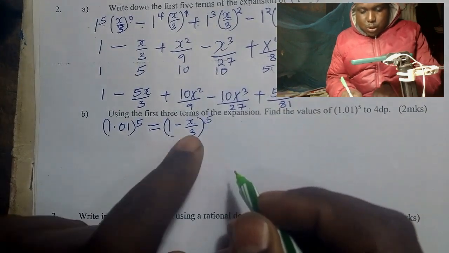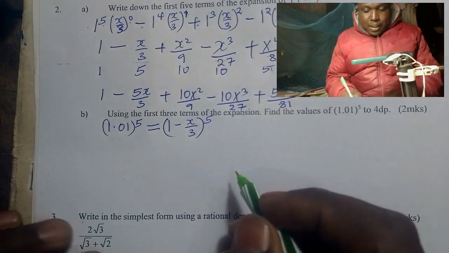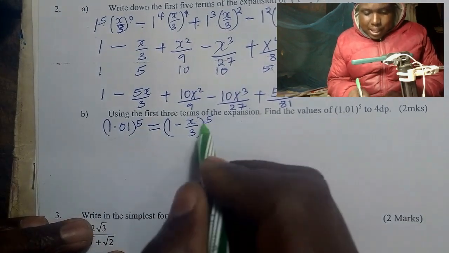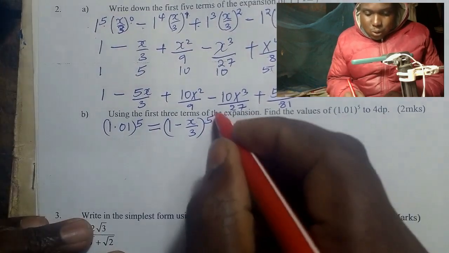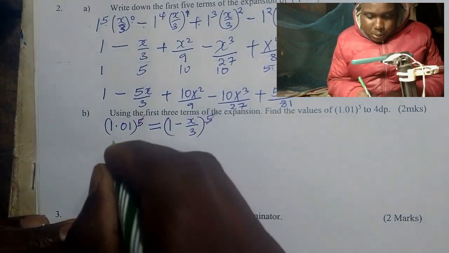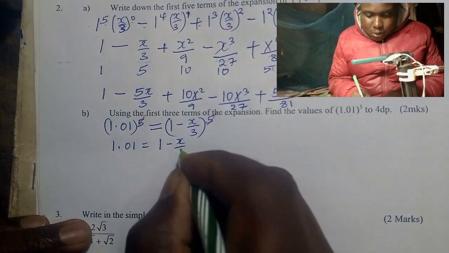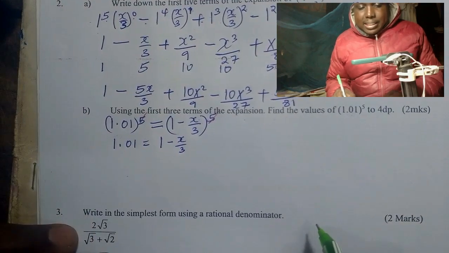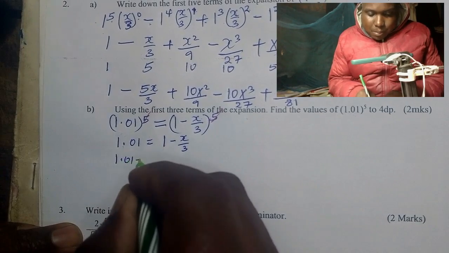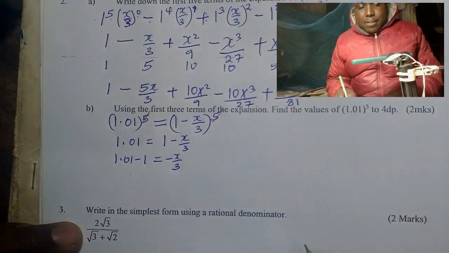So because we are going to use this expansion to solve this, they are related. The simple way to do this: we want the value of x, the powers are both 5, so cancel them out. So we remain with 1.01 is equal to 1 minus x over 3. Then bring like terms together, bring 1 this side. So 1.01 minus 1 is equal to minus x over 3.